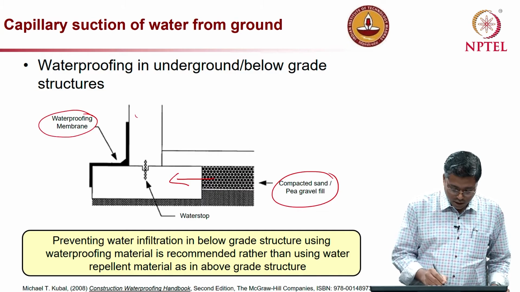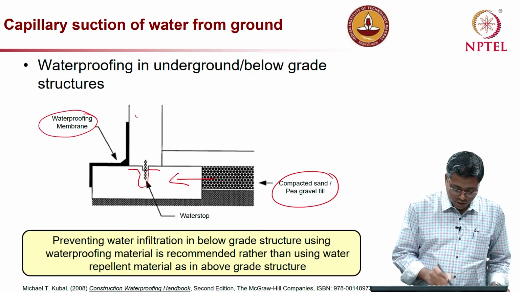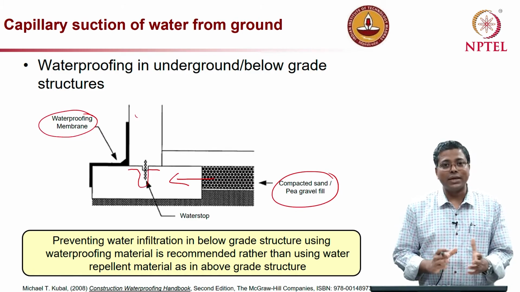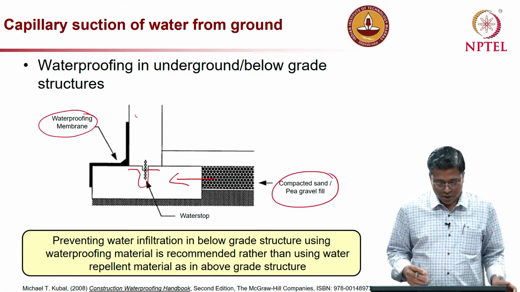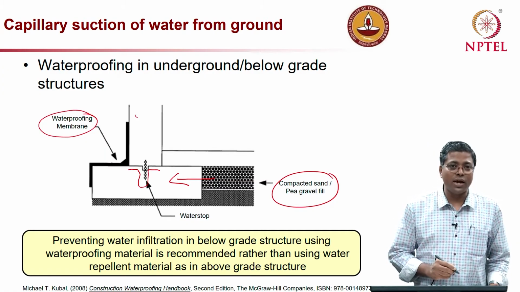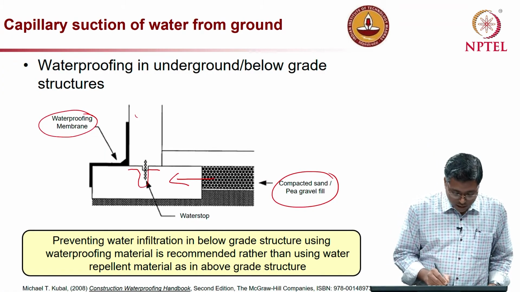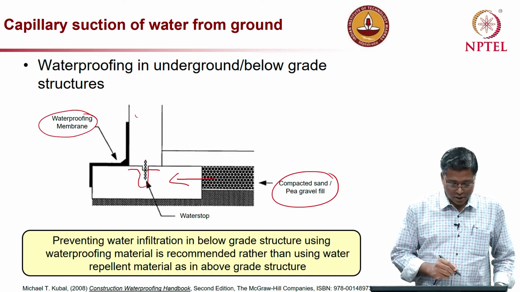If water has to go into the building, it has to go like this. So, it creates an extended, longer path for the water to flow, and that is the main idea of providing this water stop, which helps in preventing the ingress.